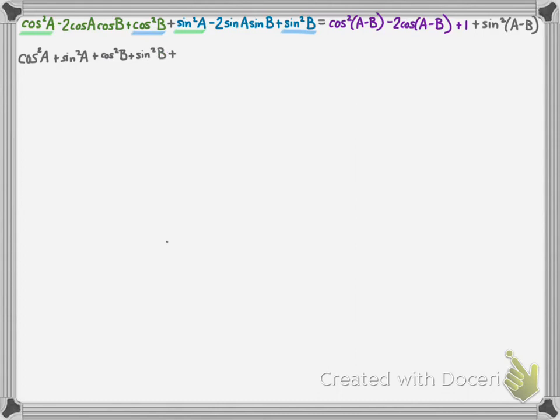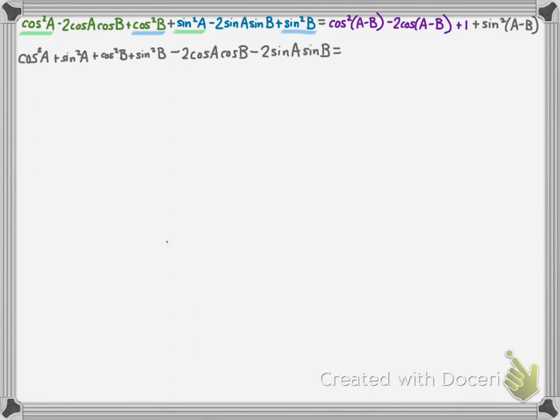And the remaining pieces on the left side are minus 2 cosine of A cosine of B minus 2 sine A sine B.